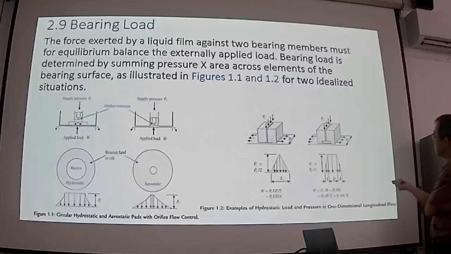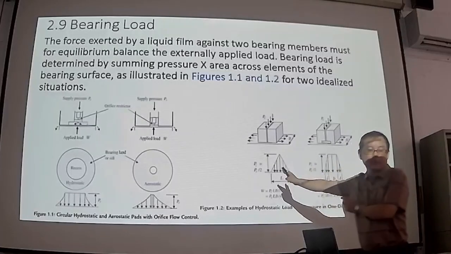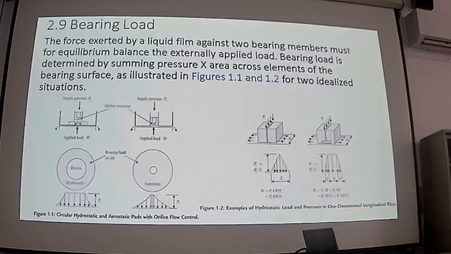And these two are for the slot orifice, slot restrictor design. Usually you can ignore this one, because in practical application, none of the commercial products are designed with the slot restrictor.